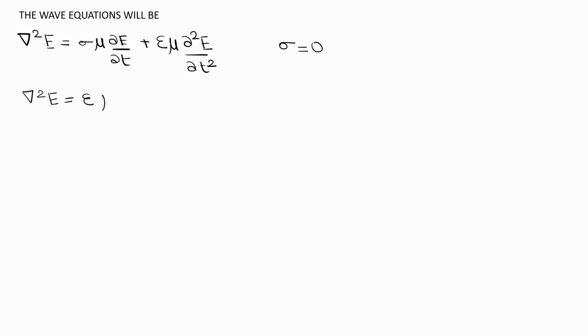So the equation becomes del square E equal to epsilon mu dou square E upon dou t square. So dou by dou t equal to j omega, that is dou square by dou t square equal to (j omega) the whole square.